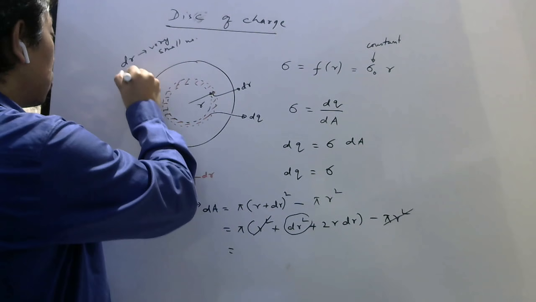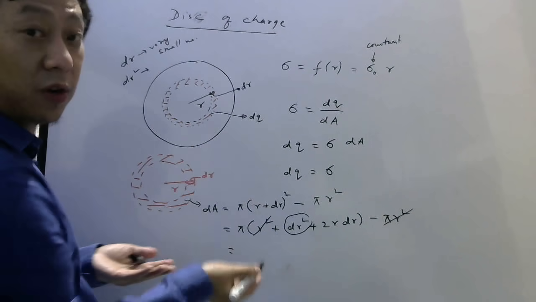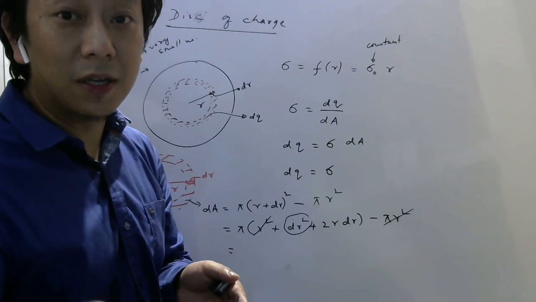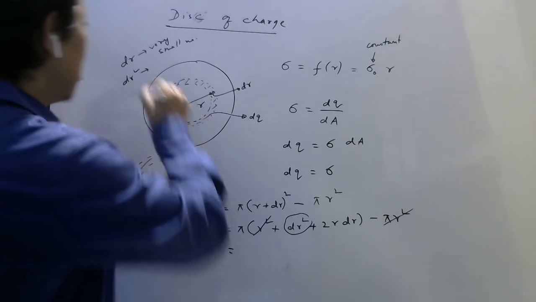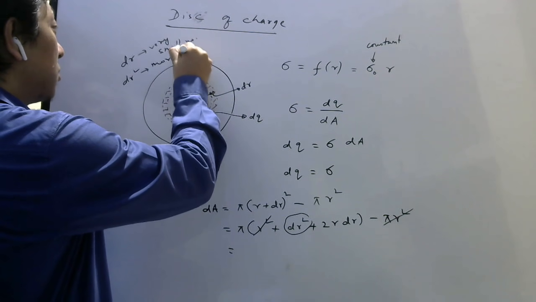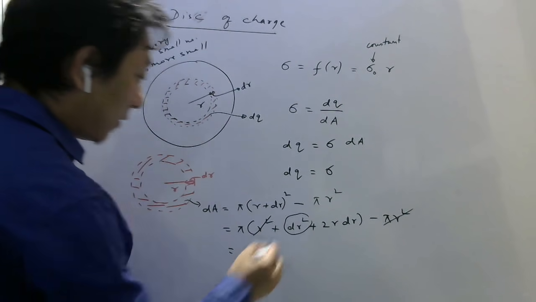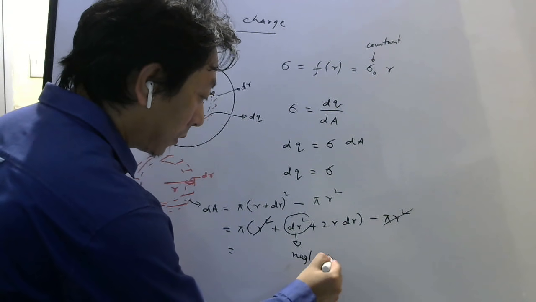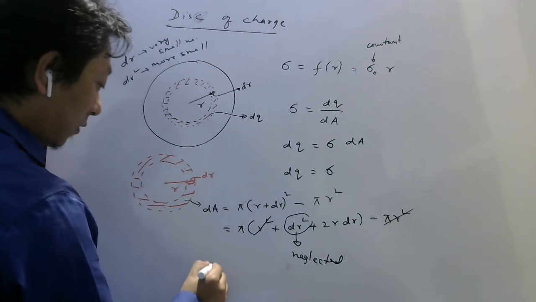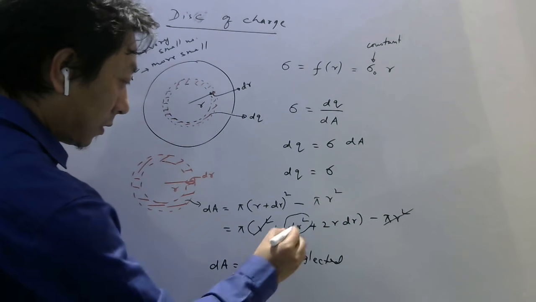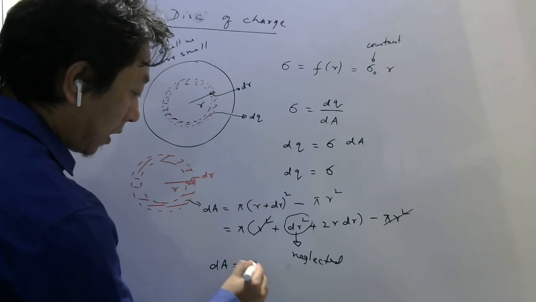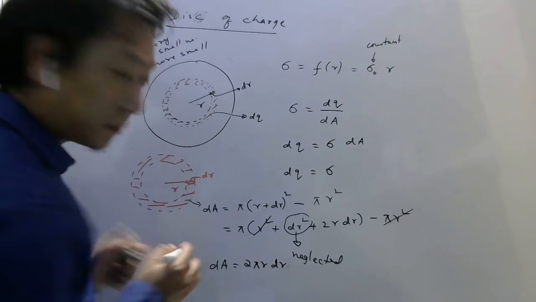So dr square will be even smaller, right? 0.1 is small. Square it: 0.01. So dr square will be even smaller. Therefore, this dr square can be neglected. Then what will be the area of this ring? What is left? 2r dr and here pi. So I can write 2 pi r dr.